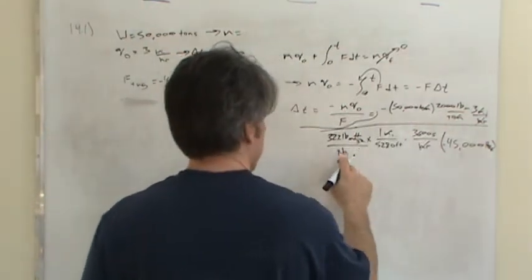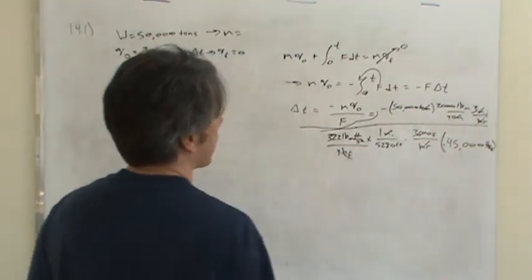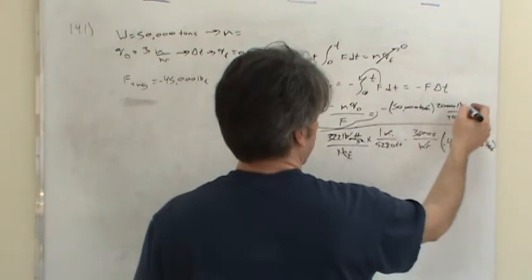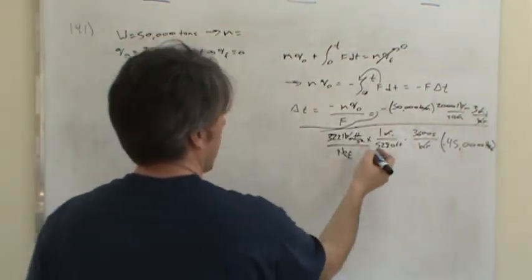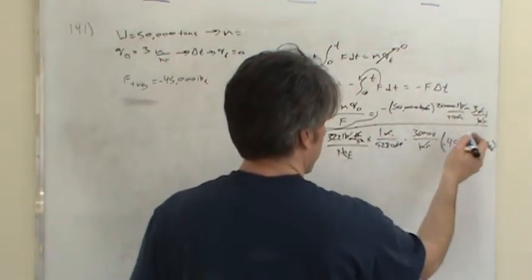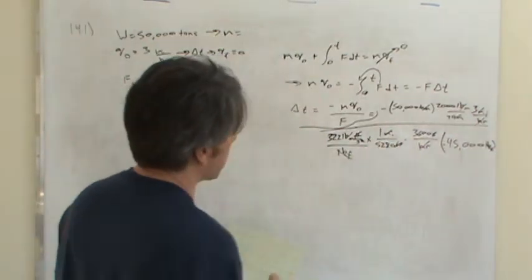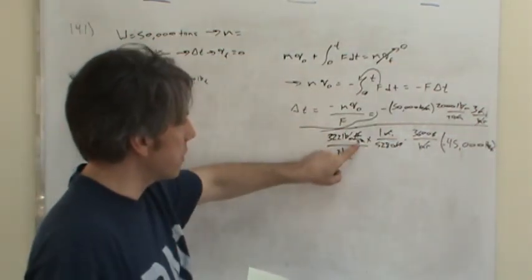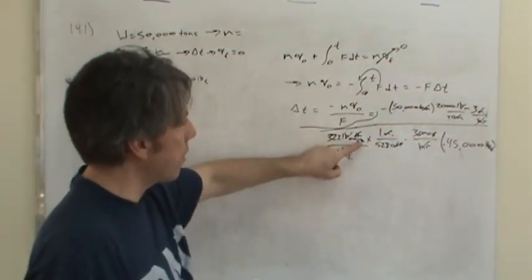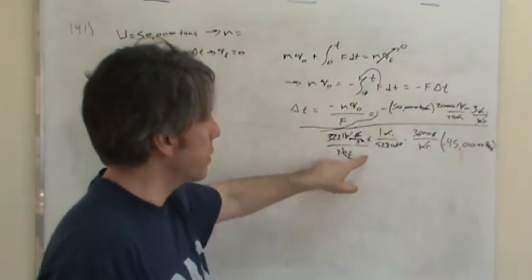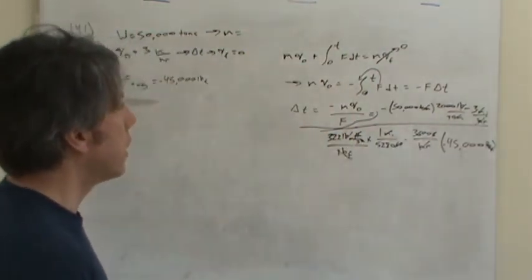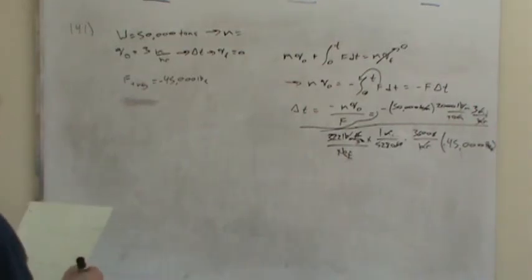Now the pound force will cross off, and so will the pound mass. The foot will cross off, and one of the seconds cross off. So it's hard to read, but these seconds are in the denominator of the denominator, so they are the units of time, seconds. Notice all the other units are gone.